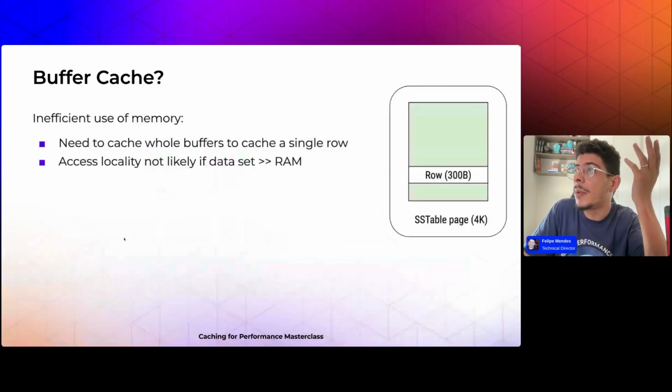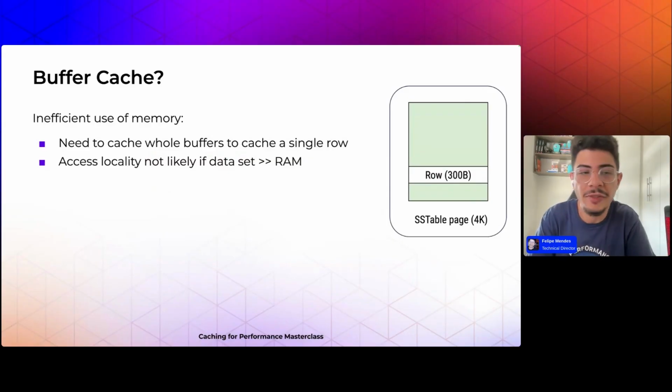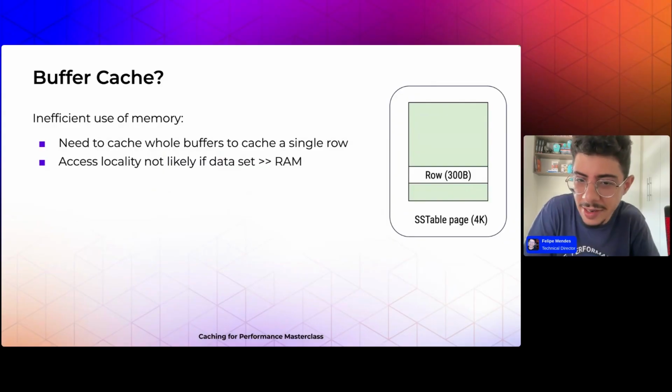But there's one problem with this approach. It is very prone to memory wastage. For example, if we cache an entire 4 kilobyte page, but our read only requires a single 300 bytes row, we've just lost an important chunk of memory.